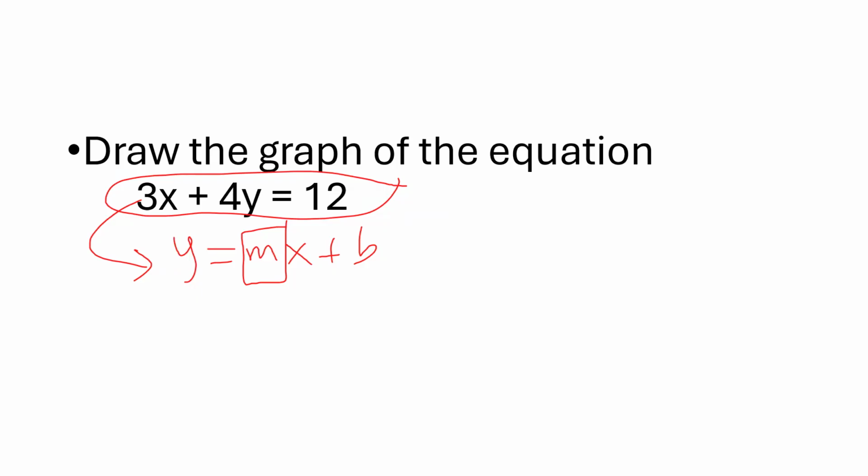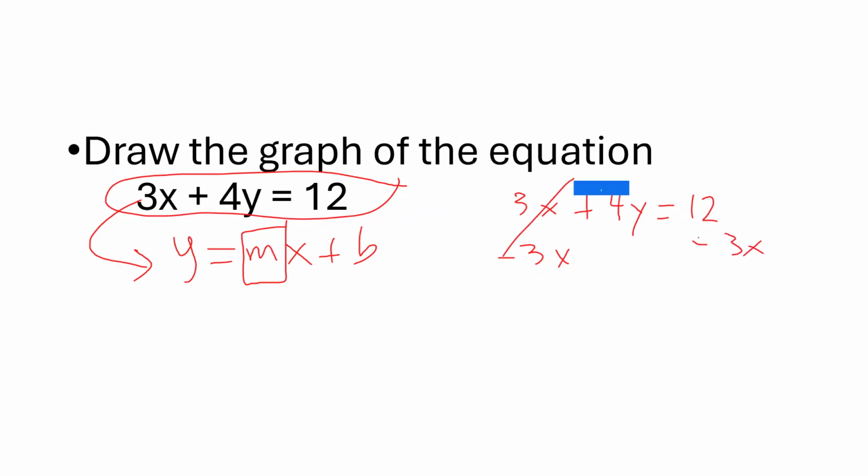For the equation to look like y equals mx plus b, you've got to solve it such that y is isolated, or y stands alone on one side. It's like you're solving for y. So to solve for y, I subtract 3x from both sides.